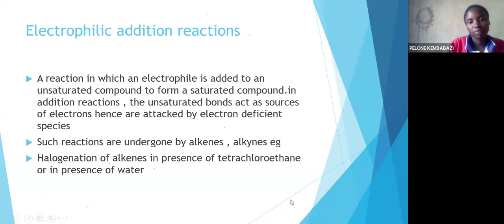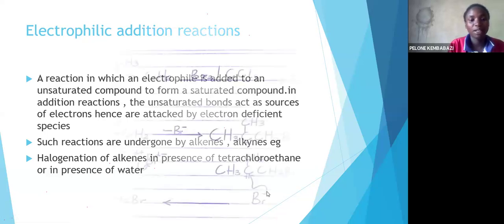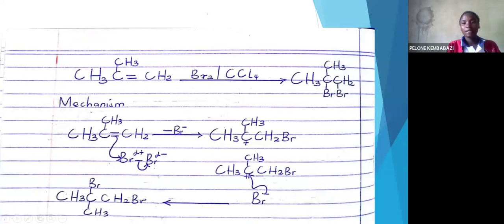So I did my mechanisms here, and this reaction that I made, I hope some or all of you have looked at what UNEB brought last year. Did you look at them?